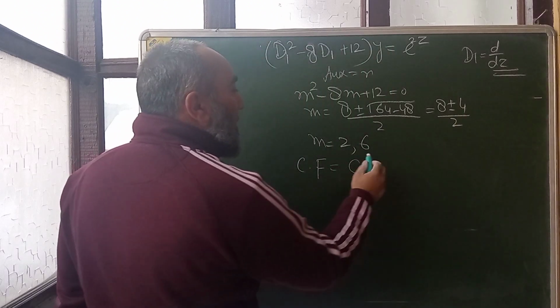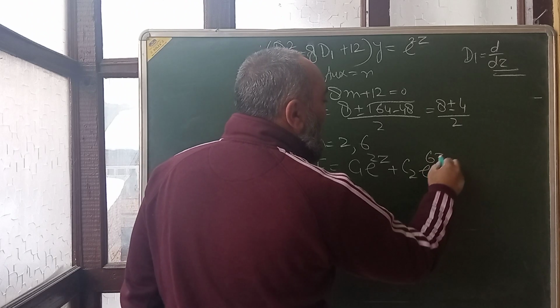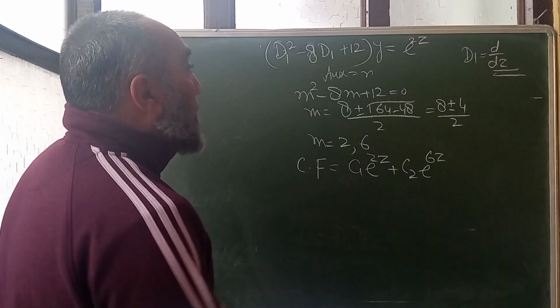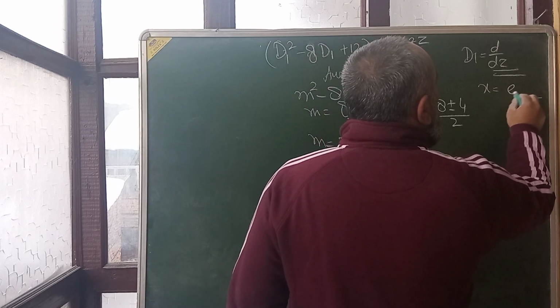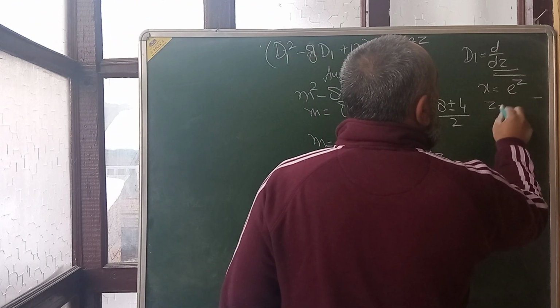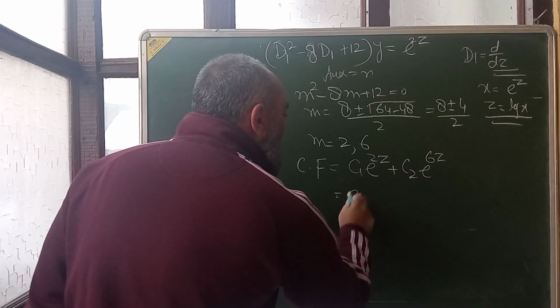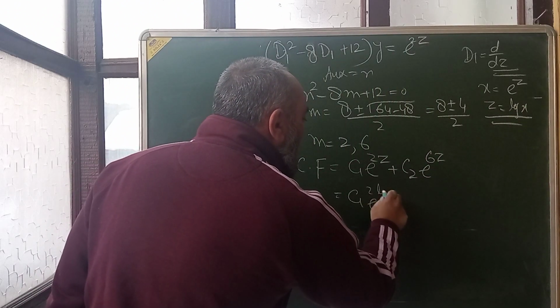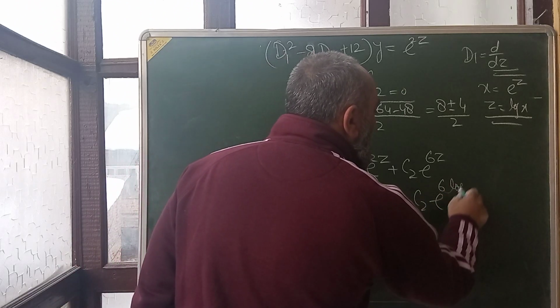Then c2 e to the power 6z. But what is z? X equals e to the power z, so z is log x. So this is c1 e to the power 2 log x plus c2 e to the power 6 log x.